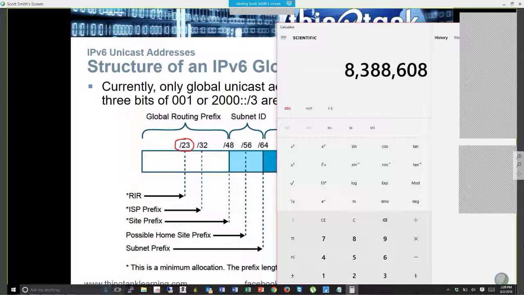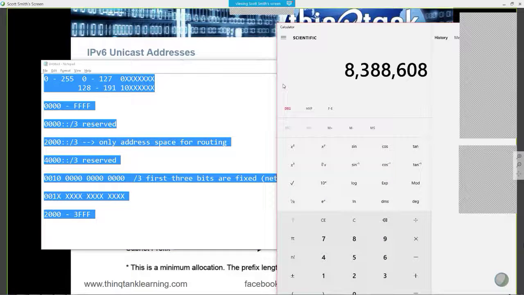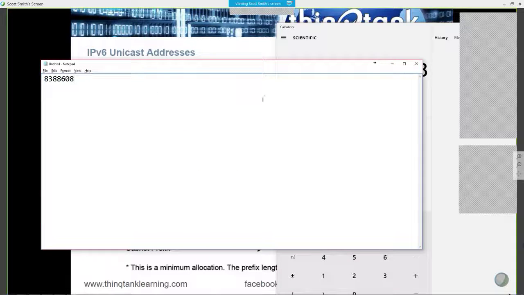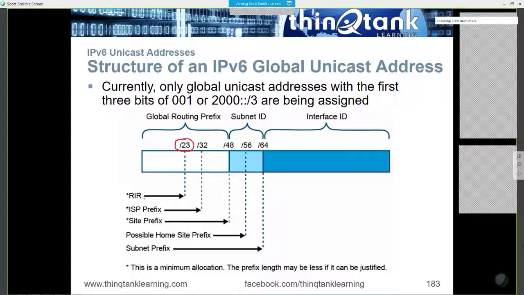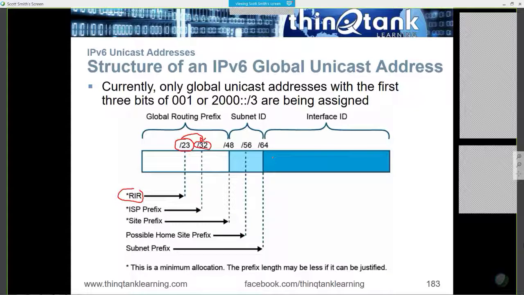I'm going to put that in Notepad. This goes to my regional internet registries. The regional internet registries are then subnetting these prefixes down to /32, and that's what the ISPs are getting within the region. So your ISPs are getting a /32. Within each regional internet registry then, how many /32s can I get? Well, if I take 2 to the power of what?